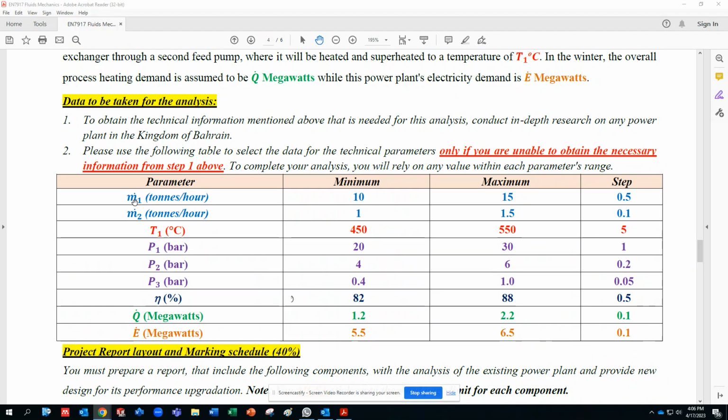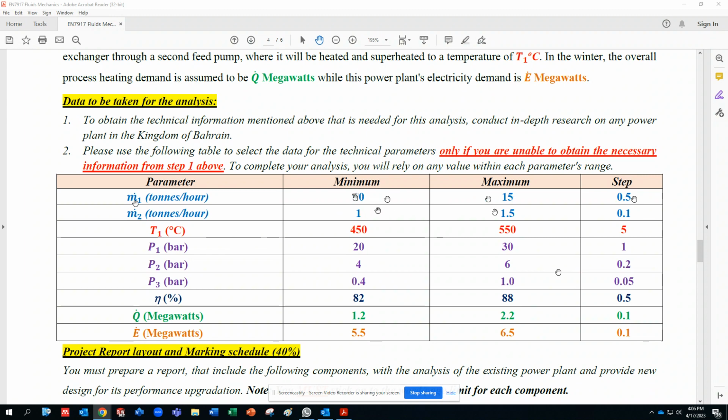M1 dot tons per hour, minimum you have to take 10 tons per hour and maximum 15 in step of 0.5. It means either you take 10 or 10.5 or 11 or 11.5 or 12 or 12.5, etc., up to 14.5 or 15. M2 you will take from 1 to 1.5 in step of 0.1.